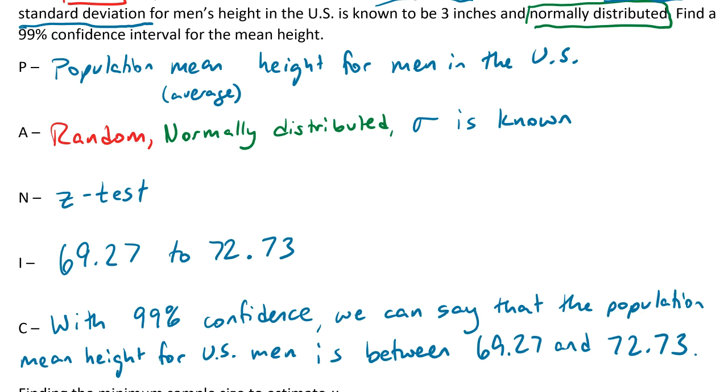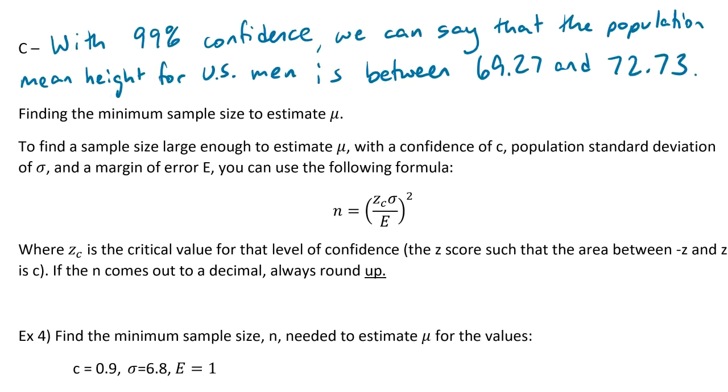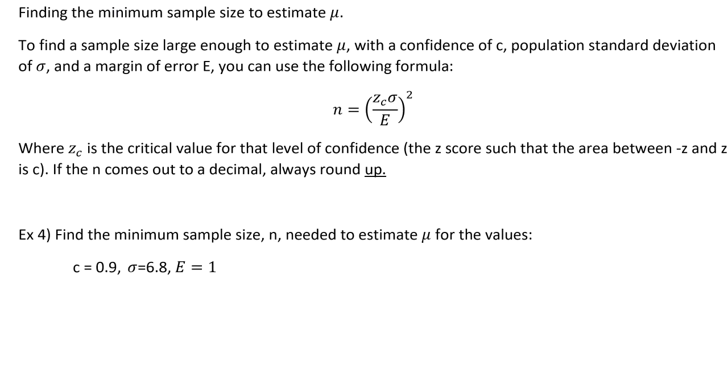All right, one last thing we need to cover, and that's going to be finding the minimum sample size needed to estimate a mean. So to find a sample size large enough to be able to estimate the mean with a confidence of C, so that could be like 90% confidence, a population standard deviation of sigma, and a margin of error E, you can use the following formula.